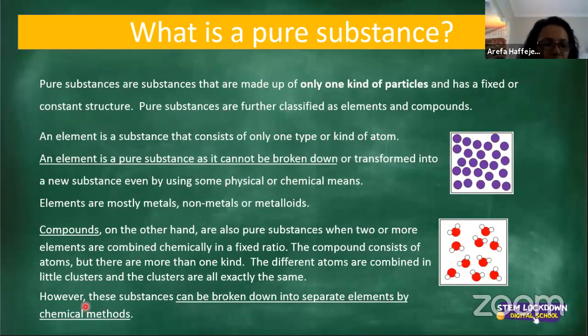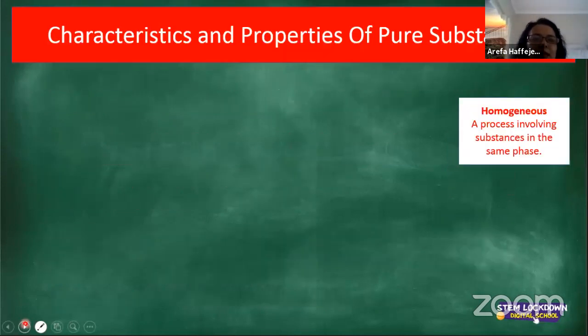Now, important for you to note is that these substances cannot be separated by any chemical method. And I will continuously repeat this as we go along. So now we're going to list the characteristics and the properties of a pure substance.